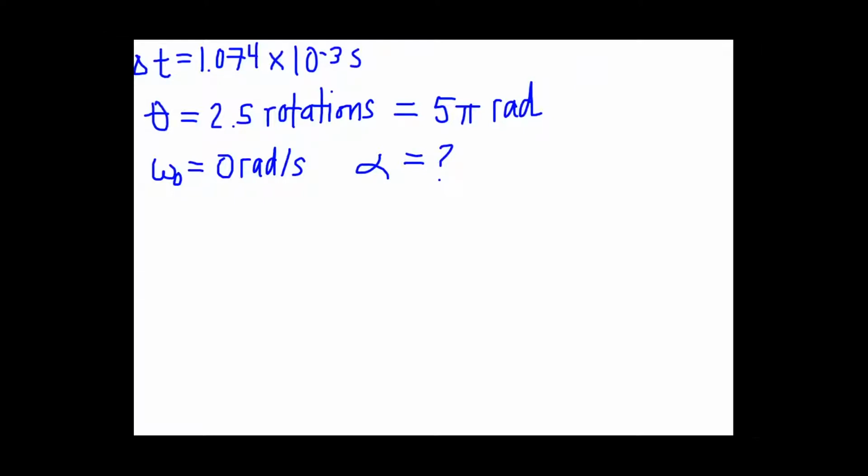So thinking in terms of what we're given, we have an initial angular velocity, we have a distance, we have time. So I think that we're looking at our delta theta is equal to omega t plus 1/2 alpha t squared, which is very similar to our linear equation of delta x is equal to v initial t plus 1/2 at squared.